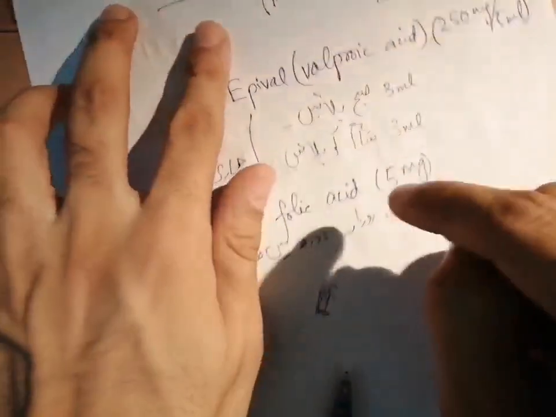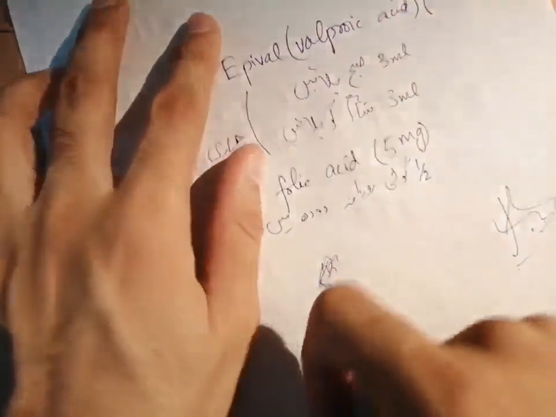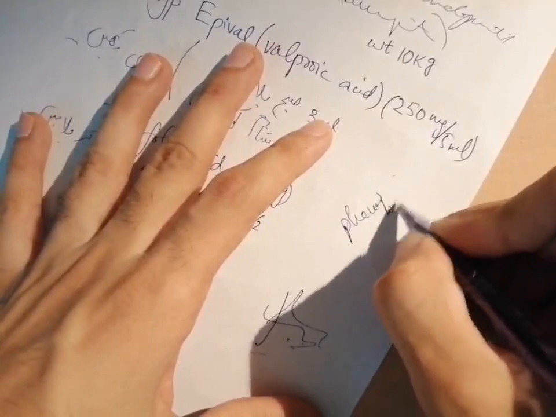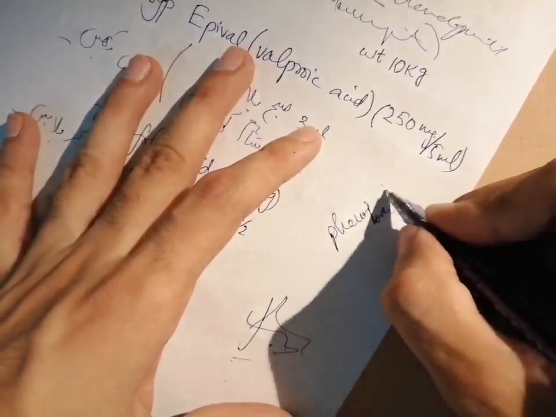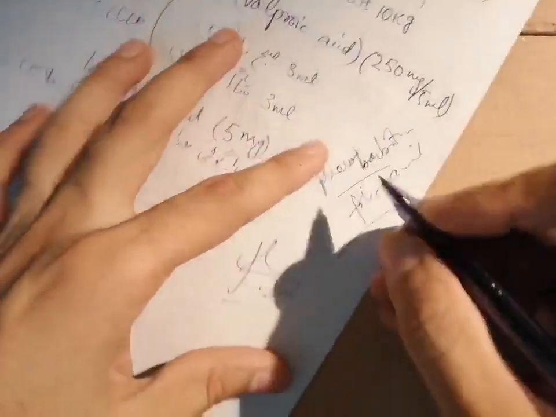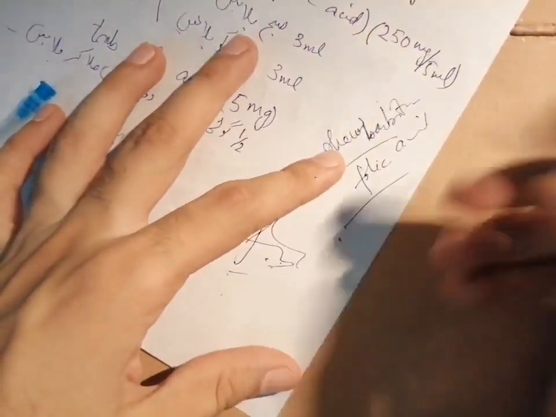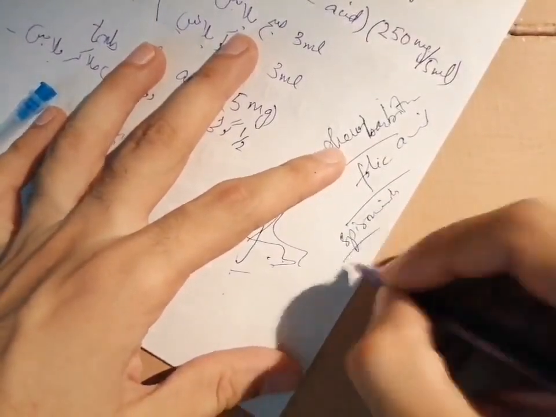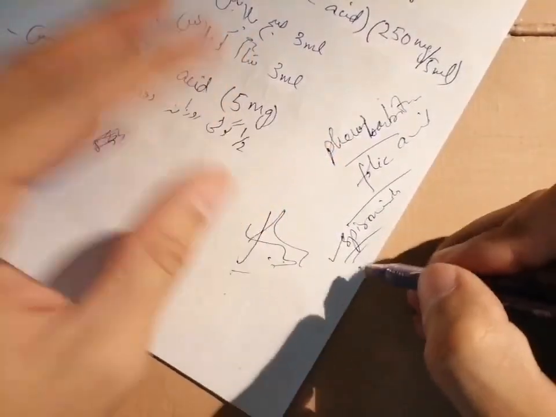Now coming on to the folic acid. Many tablets like phenobarbital, an anti-epileptic drug, barbiturate, folic acid, or even furosemide, Lasix, along with spironolactone, which comes with the name of Spiromide. We give it frequently to congenital heart disease patients like VSD.